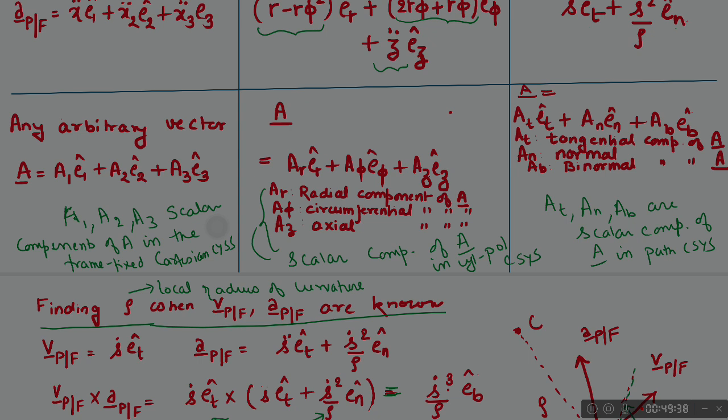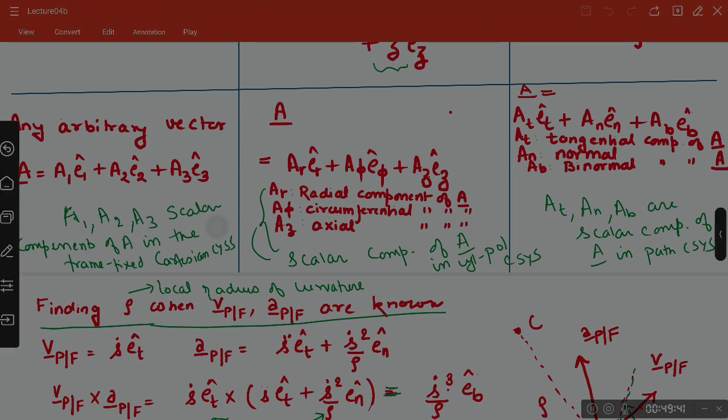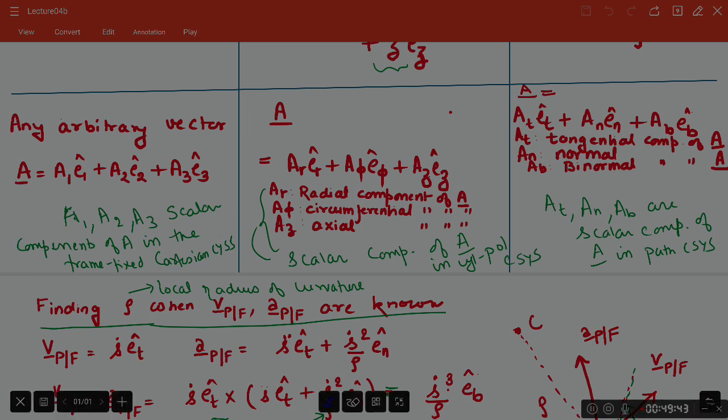So if you are using a frame fixed Cartesian coordinate system, then you would express any arbitrary vector as what I have written here, where E1, E2, E3 are frame embedded, and we know that these are scalar components of vector A along E1, E2 and E3 in the Cartesian coordinate system. We are familiar with this idea.